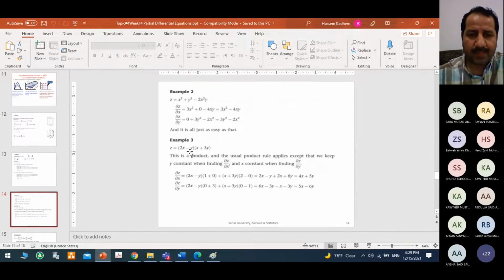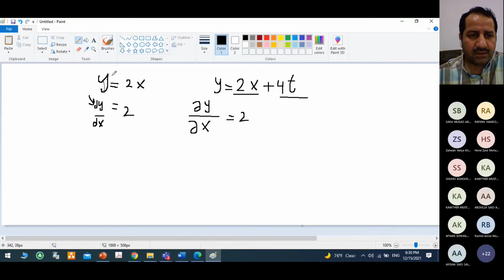For the next example, z equals 2x minus y in a bracket, times x plus 3y in another bracket. Okay, two functions, like two parts, containing two variables, x and y. How do we solve them? Let me take you back to the principles.